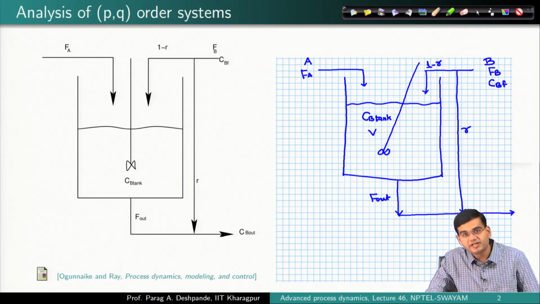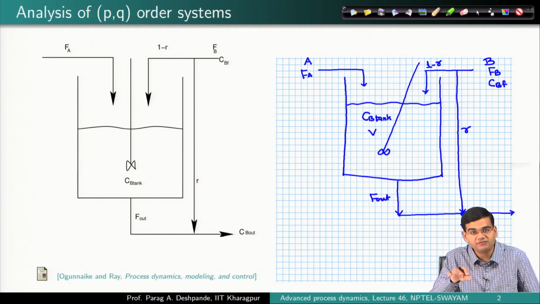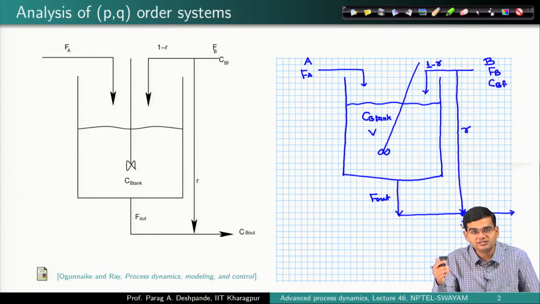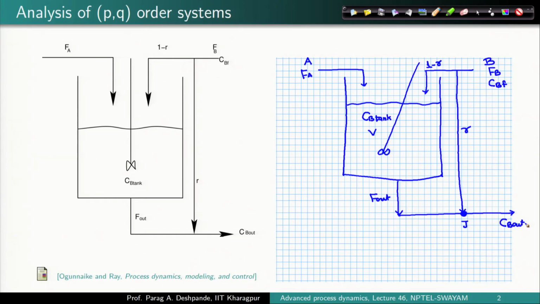The material coming out of the tank after mixing and the bypass meet at the junction J, and therefore the concentration of the species B downstream of J would be different, and let me call that C B out.